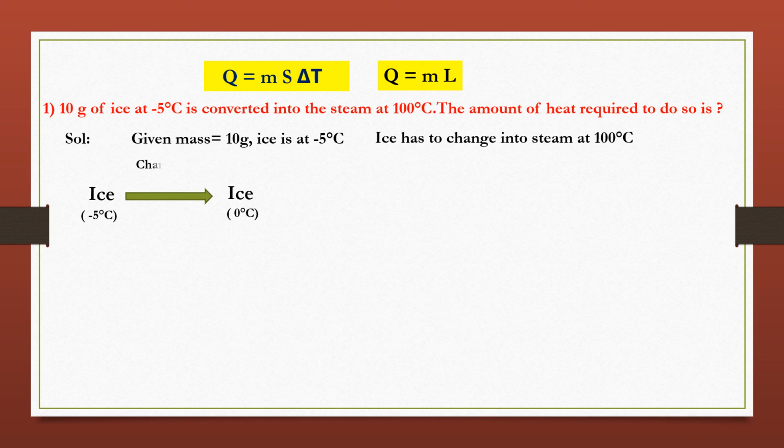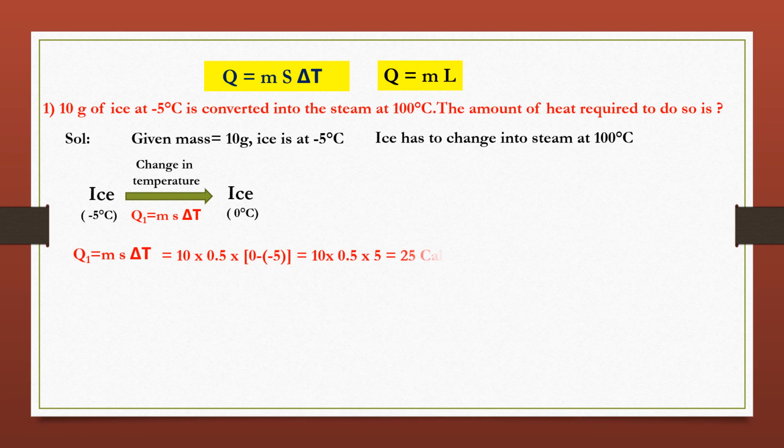As there is change in temperature, we have to use the formula Q is equal to ms delta T. Now substitute the values of mass, specific heat and delta T in the formula. We get mass as 10 grams, specific heat of ice as 0.5 and change in temperature 0 minus minus 5. So finally we will get 25 calories.